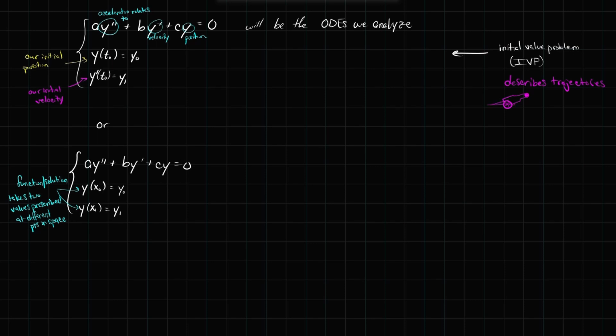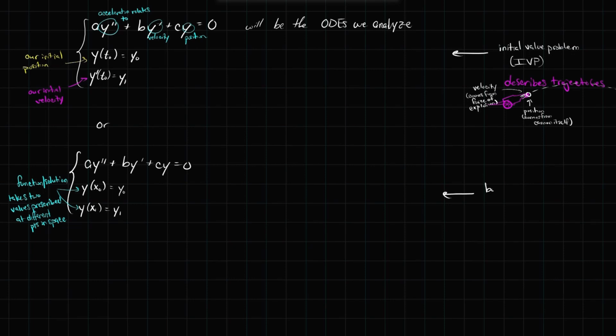The idea is if we understand the cannonball's initial position, which is the same as the position of the cannon, as well as an initial velocity, which comes from the force of the explosion, then we should be able to describe where the cannonball ends up. This is really projectile motion. That's what an initial value problem describes for us.